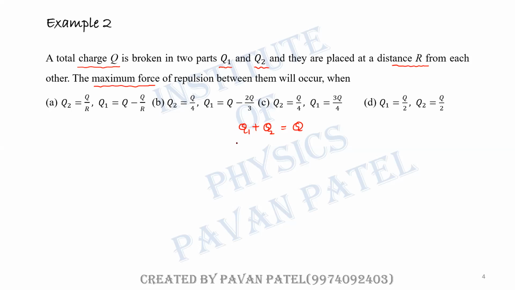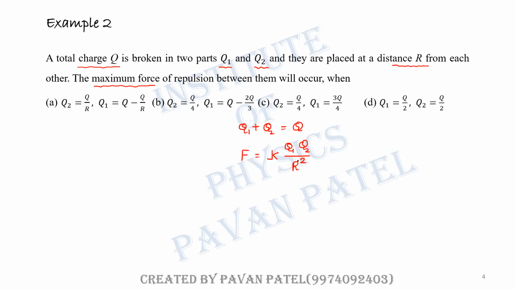That's the first thing. Second thing, the distance between those two is r and the force will be k Q1 Q2 divided by r square. In this force, k is a constant value and r, the distance between Q1 and Q2, is a constant value.